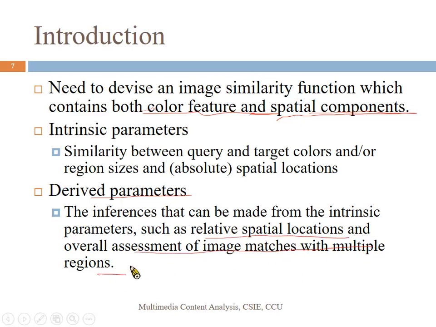So when we detect objects, we may just realize the absolute location of these objects, but we can derive their relative spatial location between different objects. Okay, so these are called the derived parameters.